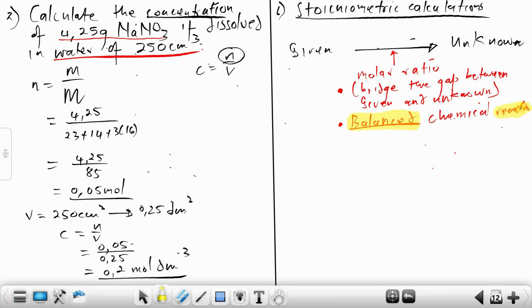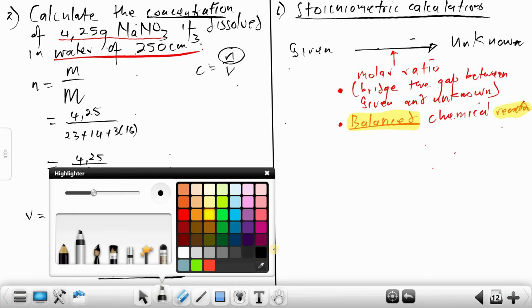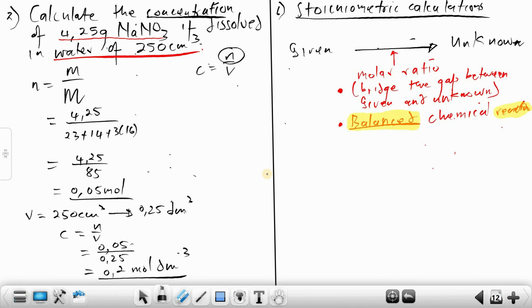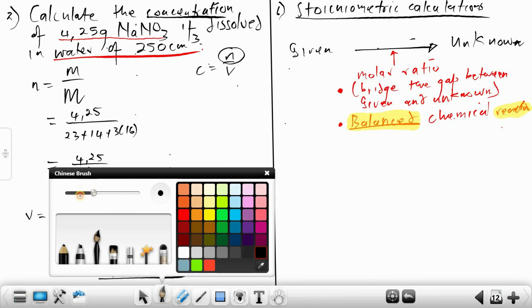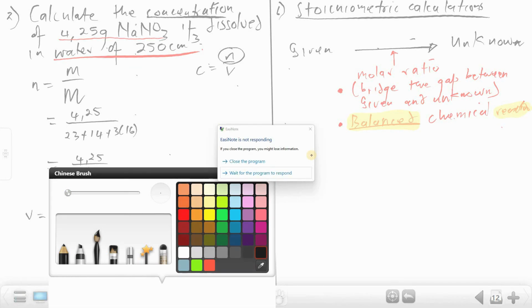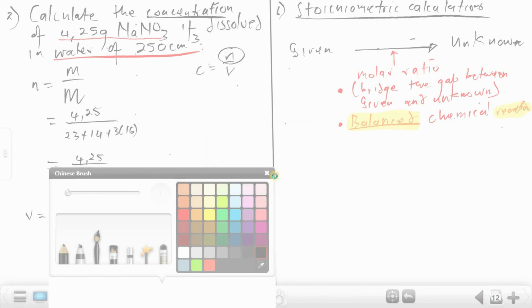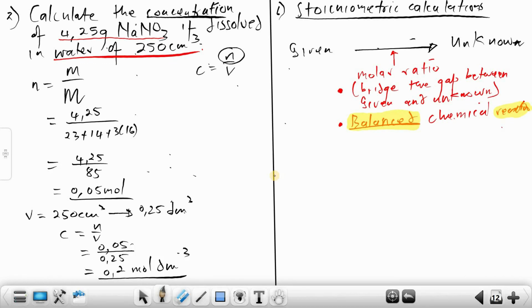So let's use a simple equation here, which is A plus B gives us AB.